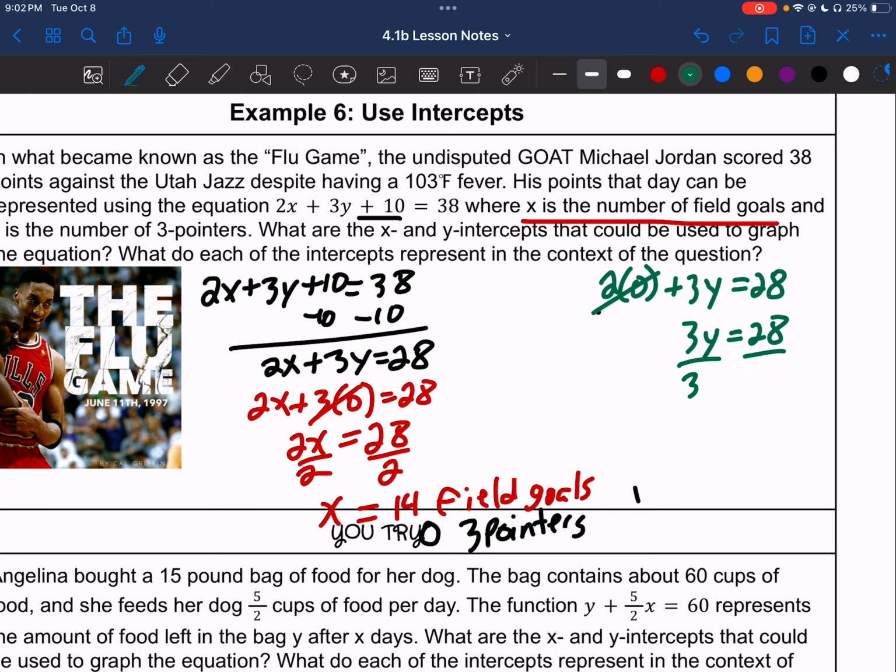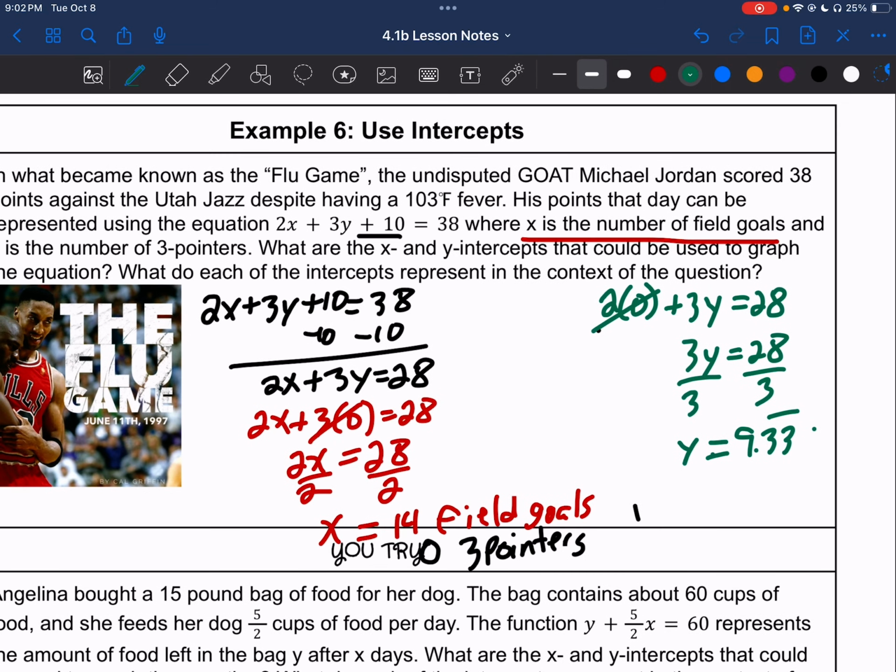And then we divide both sides by 3. We get y is equal to 9.33 repeating. And that's what we've defined as three-pointers. All right. And if that is what he's doing for the three-pointers, that's implying that he has 0 field goals.